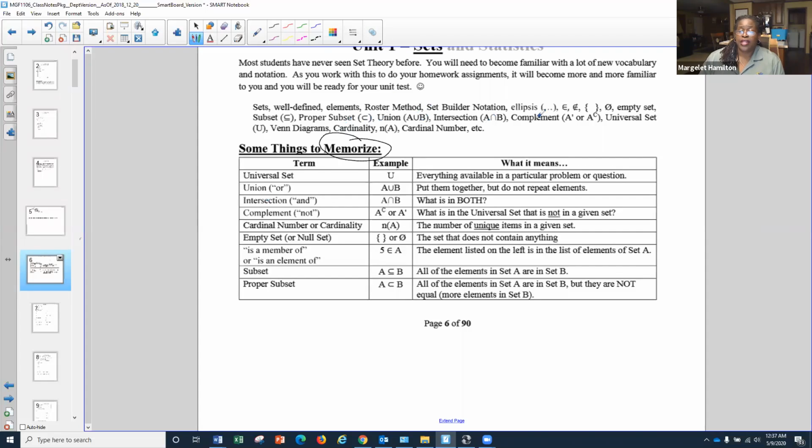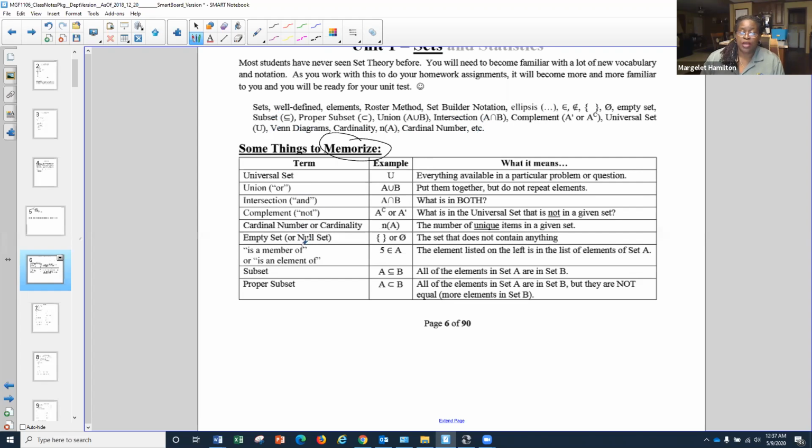We're going to look at the empty set, which we know is the 0 with the slash. We've seen that in our algebra classes, right? Or using our set brackets with nothing in them. And then our other subsequent symbols that I'm going to go over right now. Okay, so let's do it.